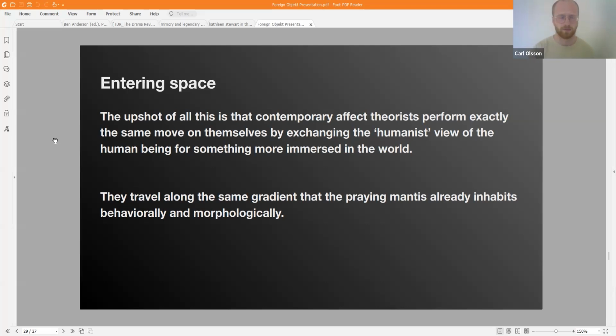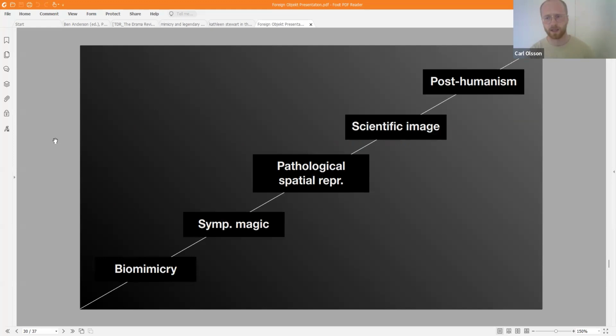So in any case, we end up with a line that looks like this now. We've extended from biological mimicry through the idea of sympathetic magic, correspondence, and like produces like, through different ideas of potentially pathological or at least unusual spatial representations.